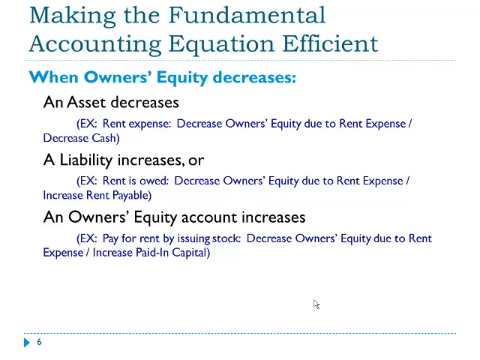So we have less cash and we have less owner's equity. Or we could have a liability increase. So if we have owner's equity go down because we have rent expense, we could have rent payable because we haven't paid it yet, and so now we have an obligation to our landlord for rent. We've got a higher liability.